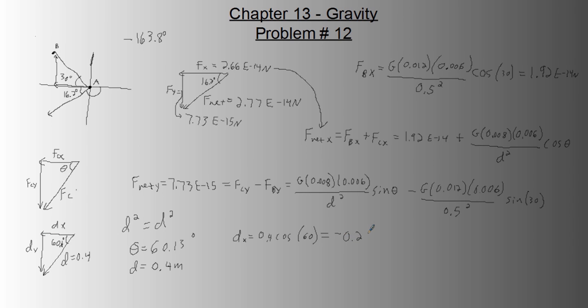That's our position for the x position. Dy equals 0.4 sine 60, crazy rounding, and that's going down in the y direction, and that's 0.35 meters. So these are our two answers.